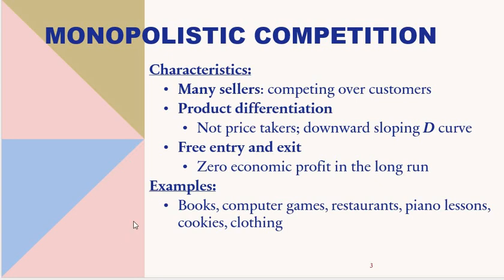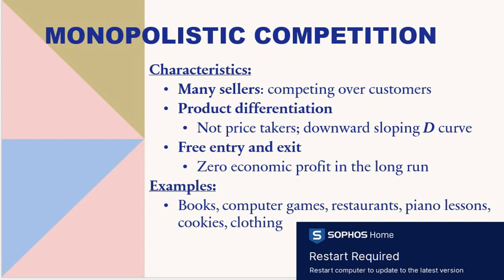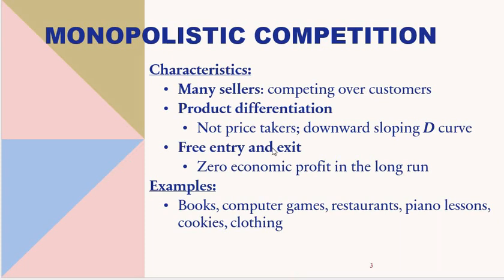And for companies in a monopolistic competition market, what they usually do is focus on building that product differentiation, right, to build their brand. And the last main feature of a monopolistic competition market is that we have free entry and exit in those markets.